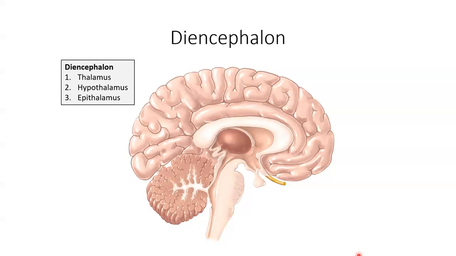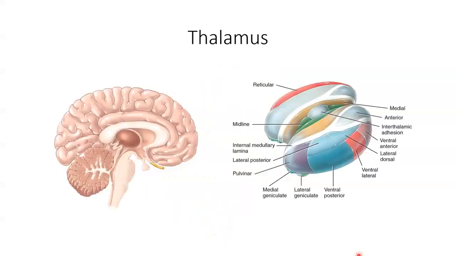The three structures that make up the bulk of the diencephalon, and which I want you to be able to identify and provide a brief function for, are the thalamus, the hypothalamus, and the epithalamus. So the thalamus makes up the majority of the diencephalon, and it consists of two oval masses of grey matter, organised into nuclei, interspersed with tracts of white matter.